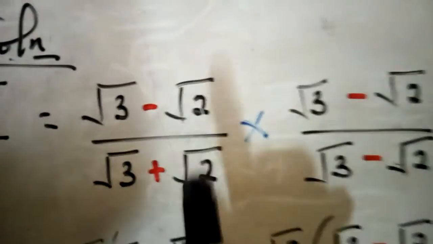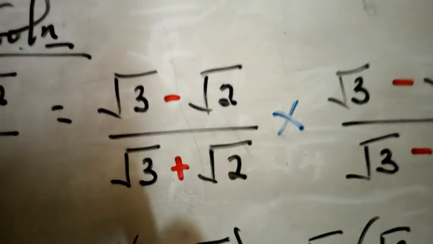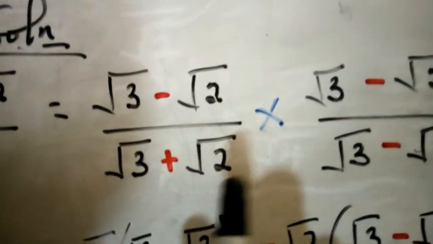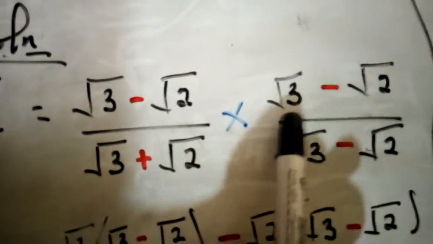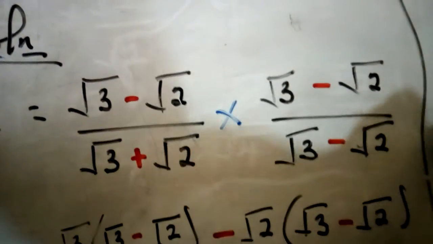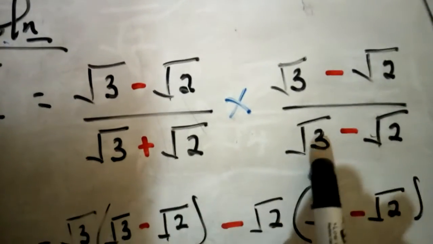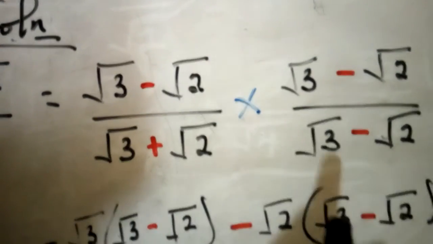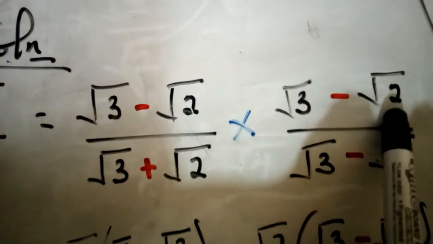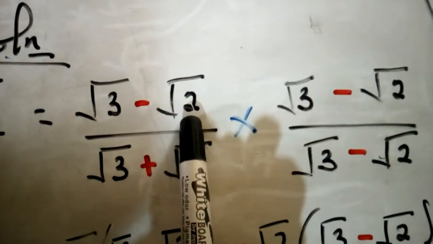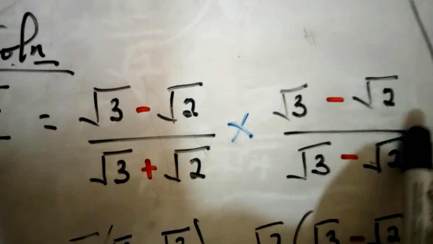This is just like a normal multiplication that we know previously. I don't know how best you can multiply this, but I chose to pick this one and multiply by everything here, so top by top and then down by down. That is how you multiply fractions. So I'll pick this root 3 here and use that to multiply everything here. And then I'll pick negative root 2 and use that one also to multiply everything here.